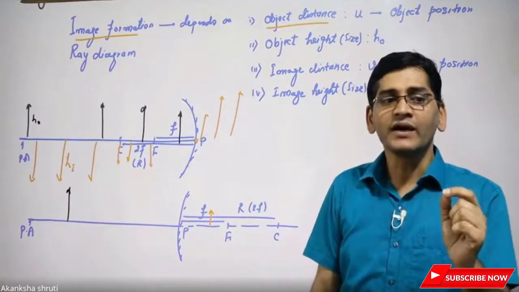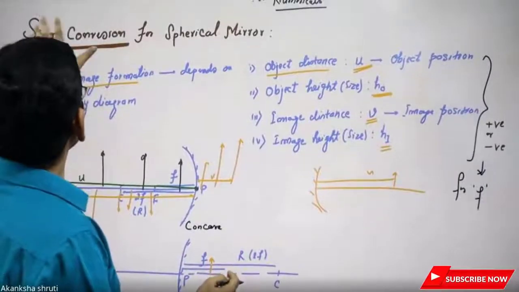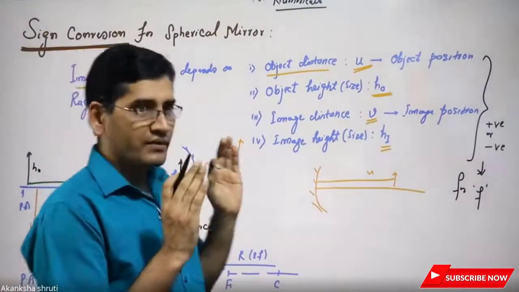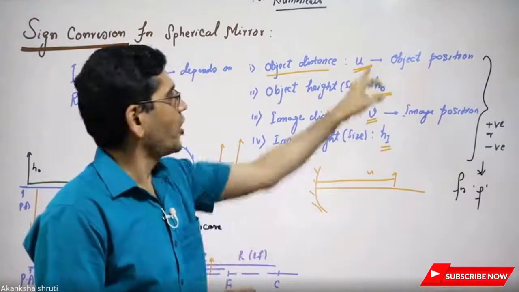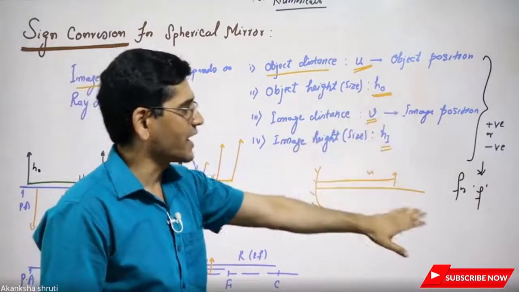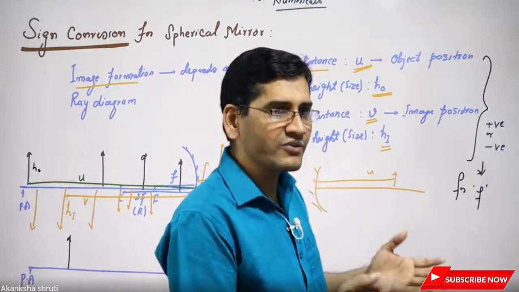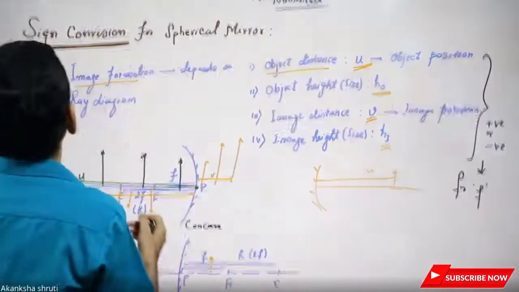So sign convention simply means how the sign of object distance, image distance, object height, image height, and focal length should be taken. What is the convention? Those things we are going to write.